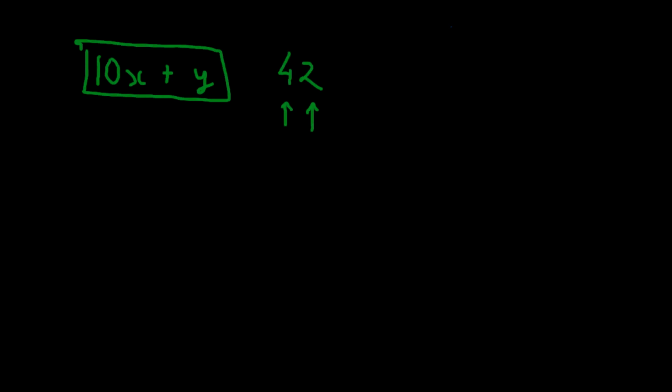Also, they've given that the smaller digit is in the units place. So we can write a condition as y is less than x. Okay, and what else is given? The product of the digits is 24.